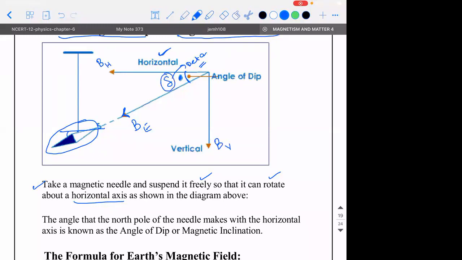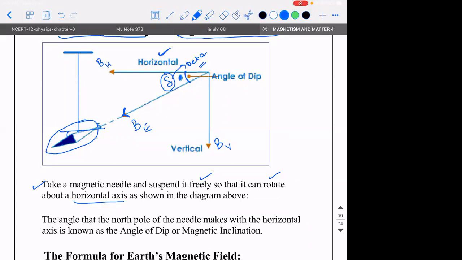So angle of dip is measured between whom? Angle of dip is measured between the Earth's magnetic field and its horizontal component. Very good.